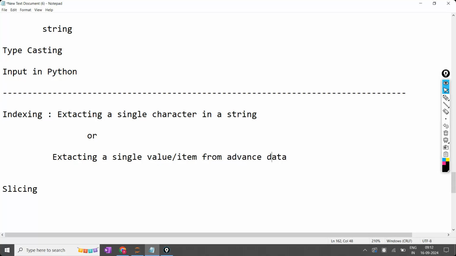Advanced data types contain multiple values, so if you want to extract a single value from the multiple values, we do the same kind of indexing.